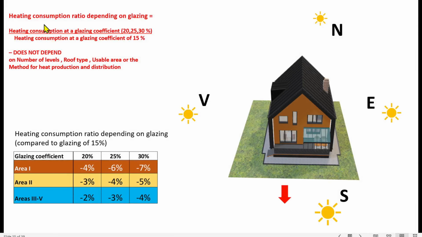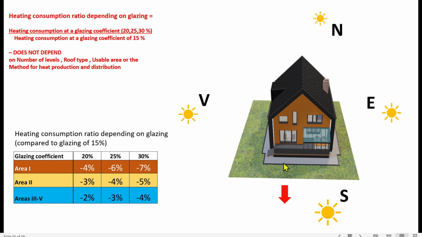This ratio, the heating consumption ratio depending on glazing, does not depend on the number of levels, roof type, usable area, or the method for heat production and distribution.